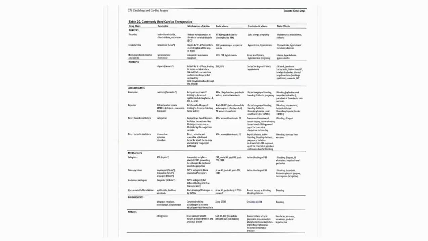Anticoagulants prevent thrombus formation by interfering with the coagulation cascade. Warfarin. Warfarin inhibits vitamin K recycling, reducing synthesis of clotting factors 2, 7, 9, and 10. Indications include atrial fibrillation, left ventricular dysfunction, mechanical prosthetic valve, and venous thromboembolism.